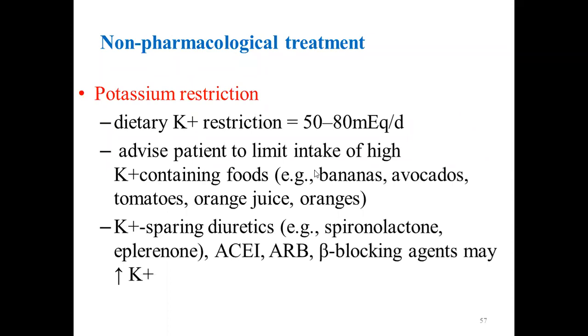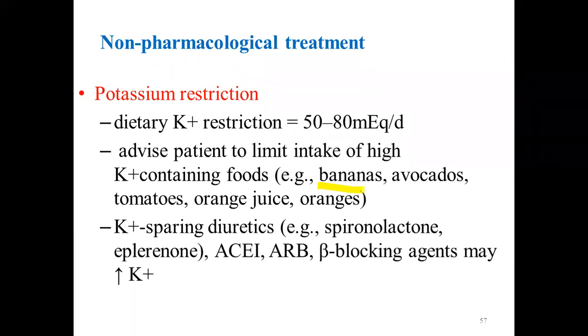So potassium restriction. Remember, a potassium-rich diet is not recommended in renal patients because of high potassium level, or the potassium regulation is generally impaired in this patient population. So what kind of food is the patient supposed to limit? Bananas, avocados, tomatoes, orange juices are very rich in potassium.